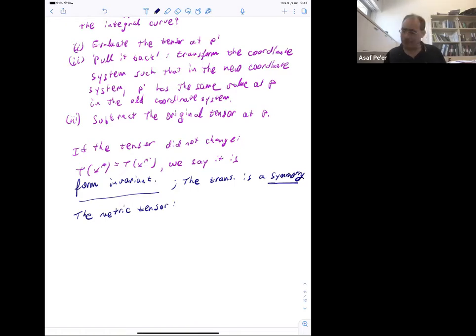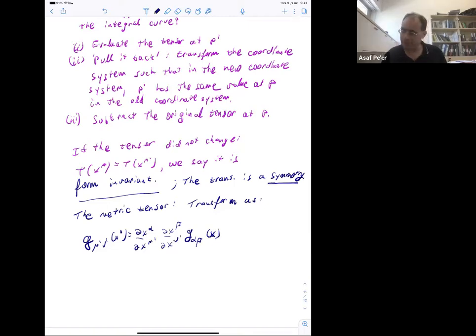So if we look at the metric tensor G, the transformation of the metric tensor, G mu prime nu prime at point x prime is just dx alpha over dx mu prime, dx beta over dx nu prime, G alpha beta at the point x.